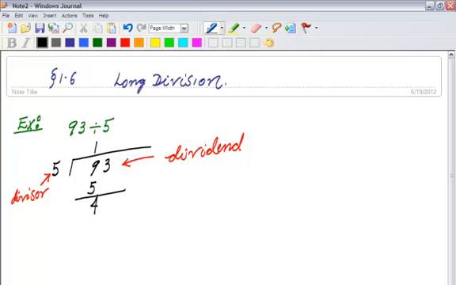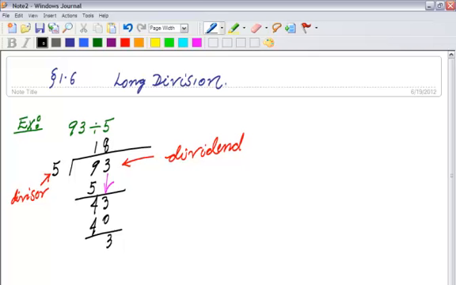Okay, and it will be less than 5. Now I bring down the 3, and what I obtain is 43. Now, how many times does 5 go into 43? Well, 5 times 8 is exactly 40, and what I obtain is 3.